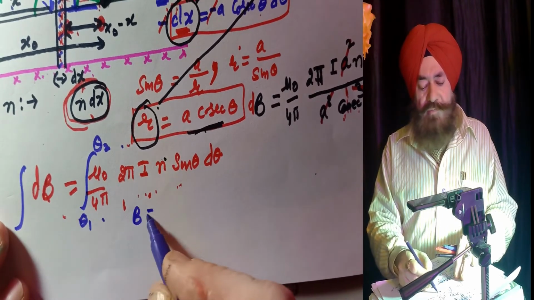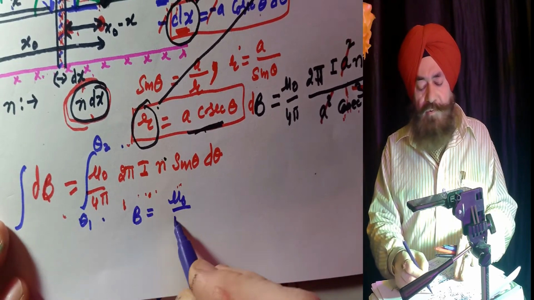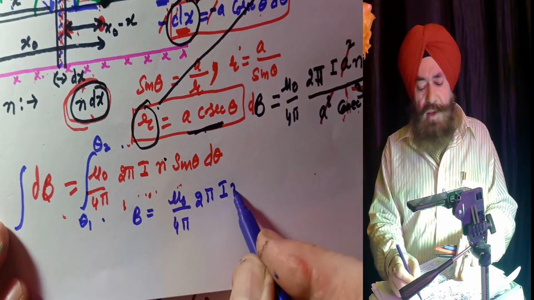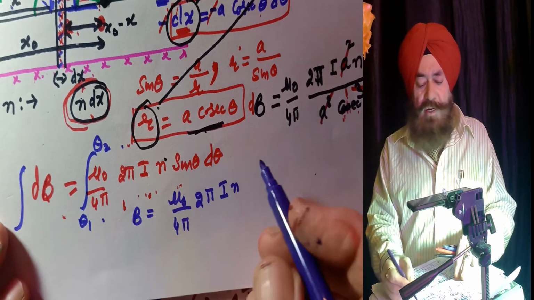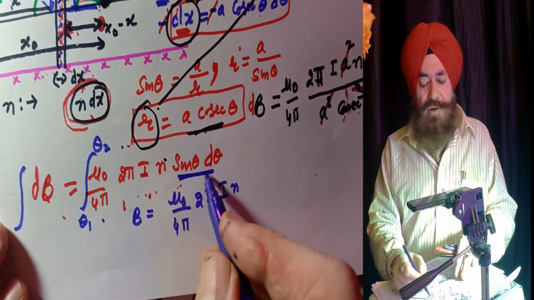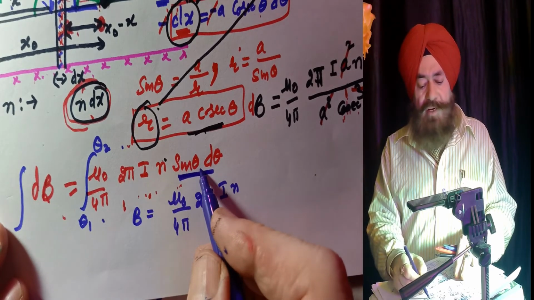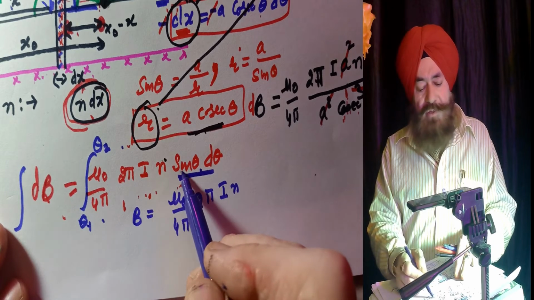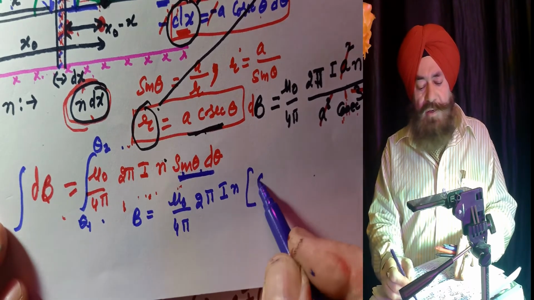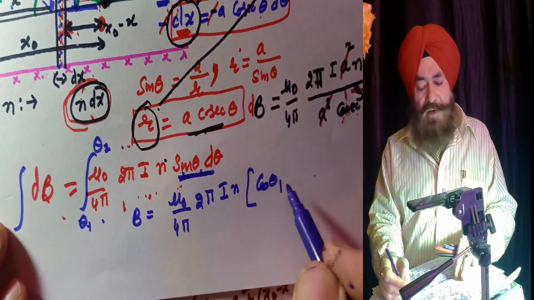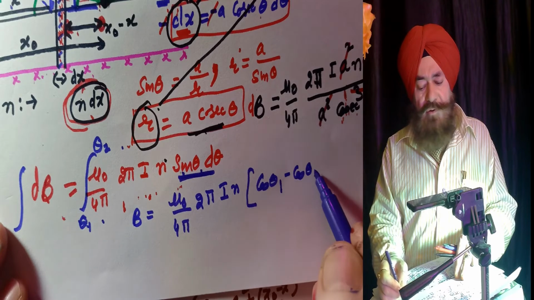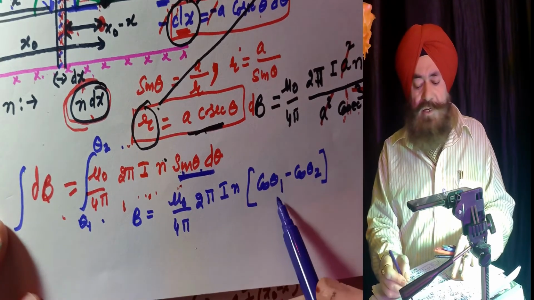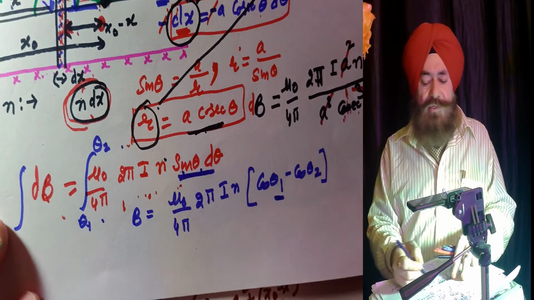Field becomes mu naught over 4 pi, 2 pi I n. Integration of sin theta d theta is minus cos theta, with limits theta 1 to theta 2. Because of the minus sign, it becomes cos theta 1 minus cos theta 2. That's why theta 1 comes first.